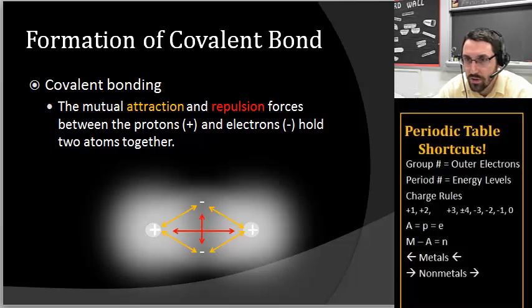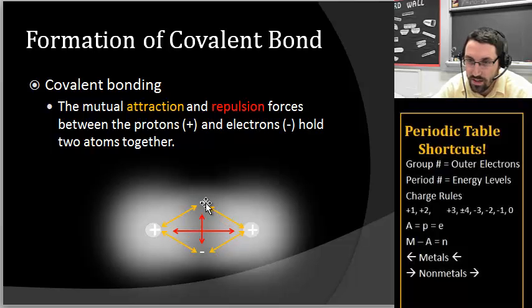Here we have a picture and a more formal definition of covalent bonding. Basically, you have 2 hydrogen atoms. You can tell it's a hydrogen atom because there's a proton in the center, and then an electron cloud, which is the shaded part outside, and then another proton and another shaded cloud. If these 2 protons are near each other, the nuclei are going to push away from each other.